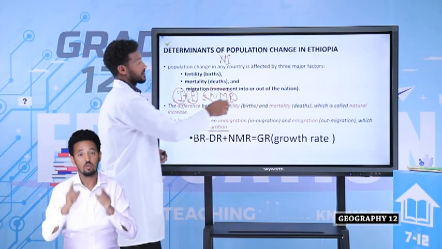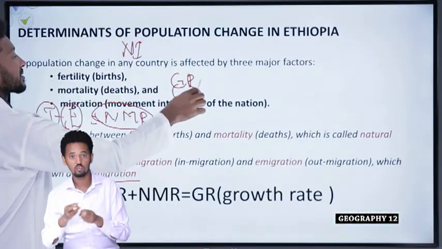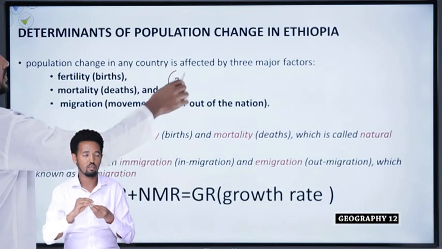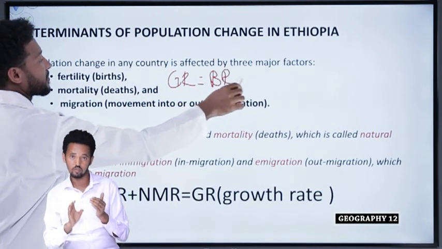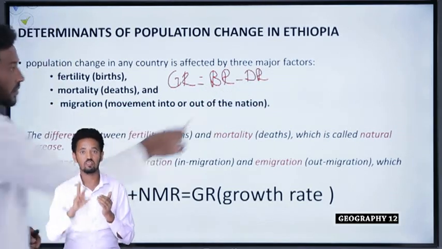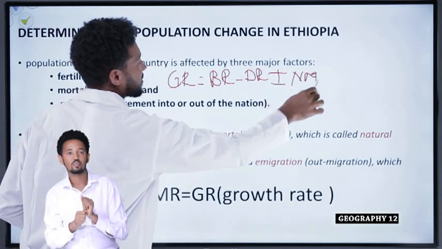By a formula, in order to see the population growth rate, growth rate equals birth rate minus death rate plus or minus net migration rate.